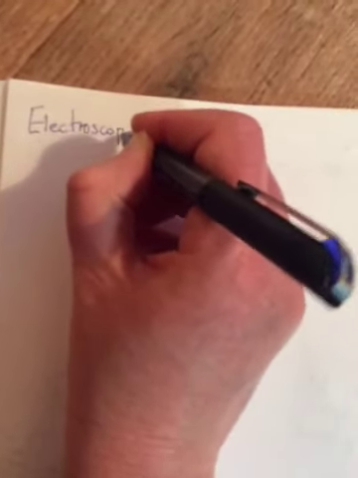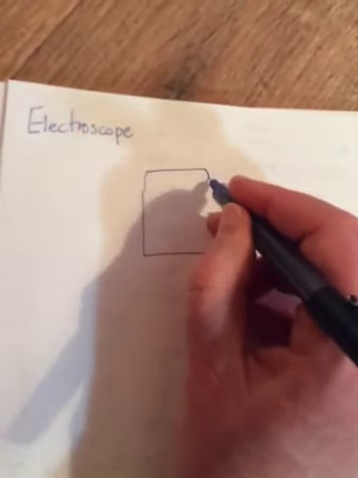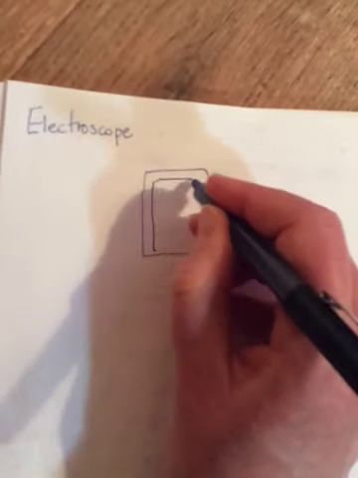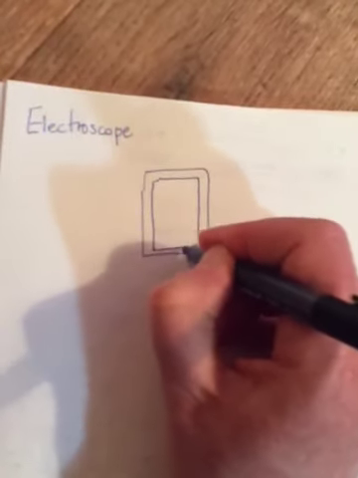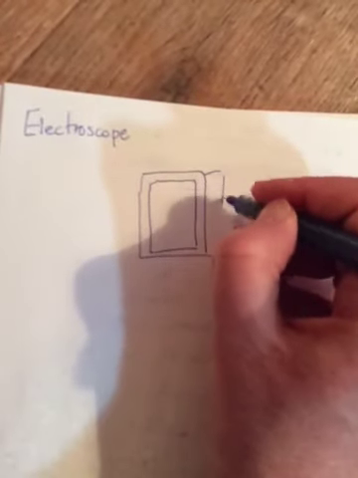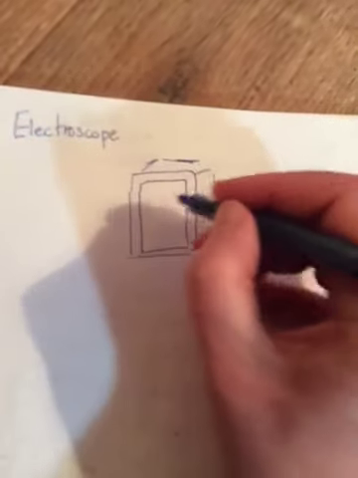There's a few different shapes, but the one we have at school is square, and it's metal on the top and bottom and on the edges, and then it has glass, so I was going to say a cube, but it's not necessarily.